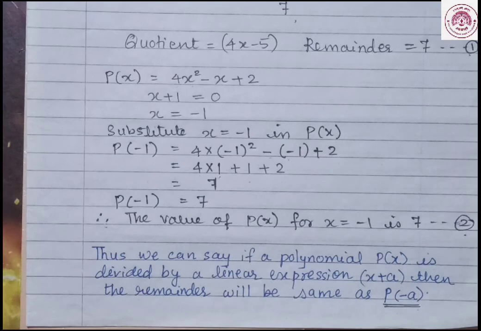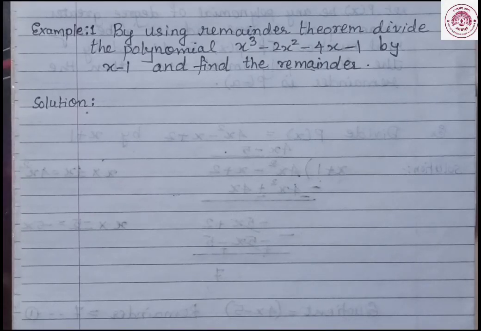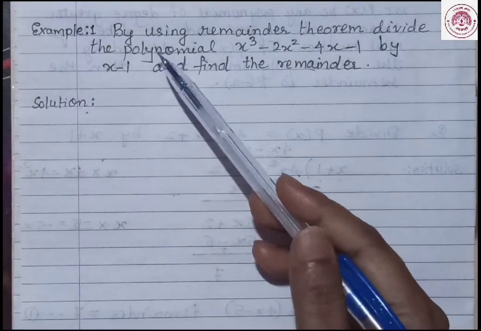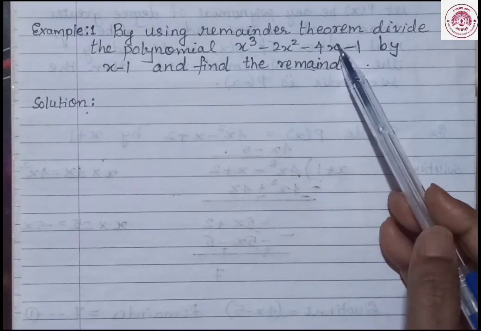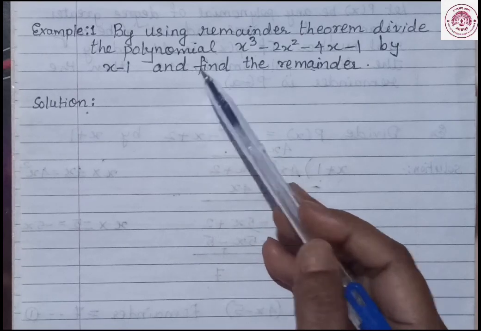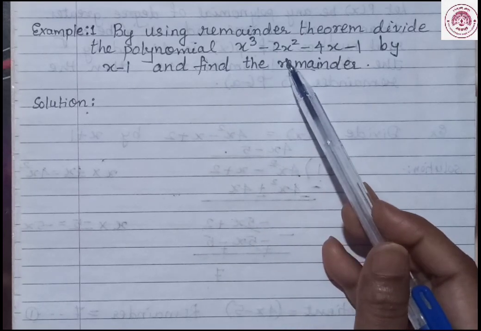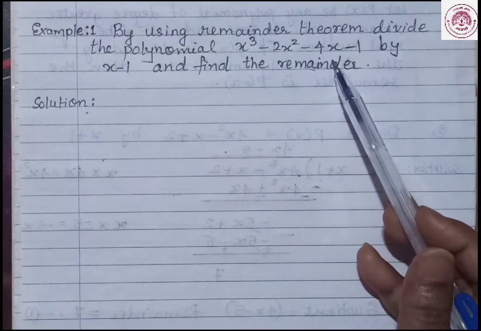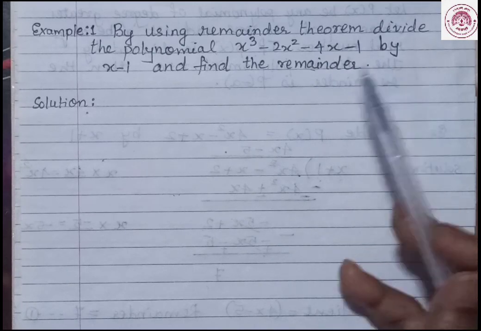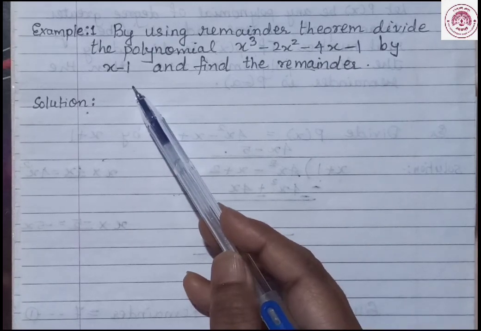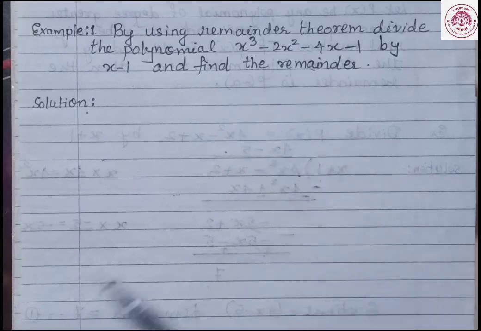Now let's see an example. So here the example is, by using remainder theorem, divide the polynomial x cube minus 2x squared minus 4x minus 1 by x minus 1 and find the remainder.